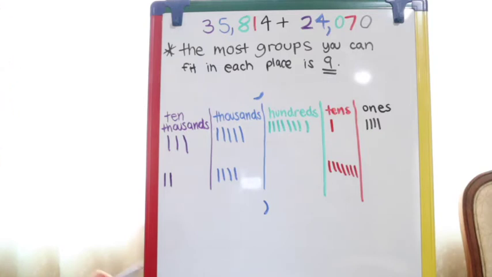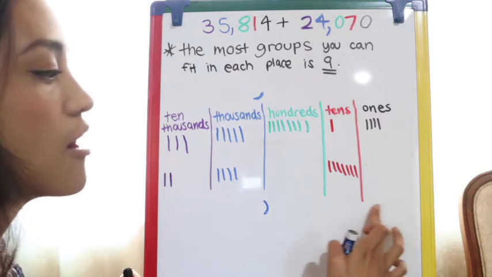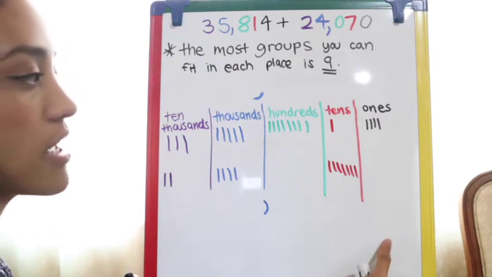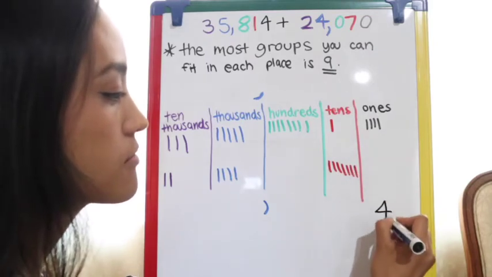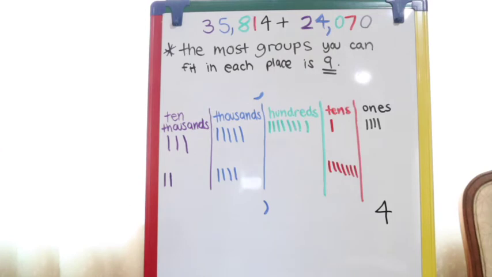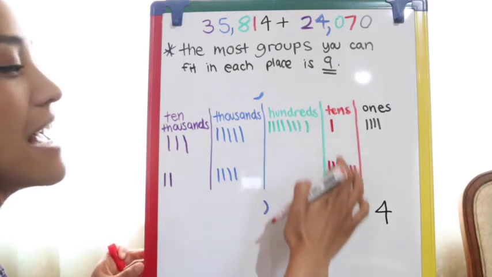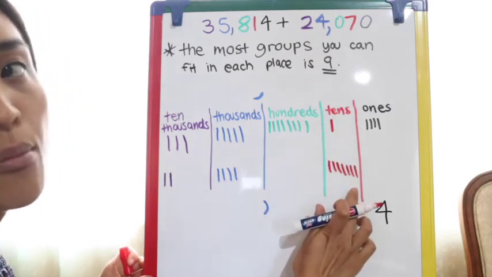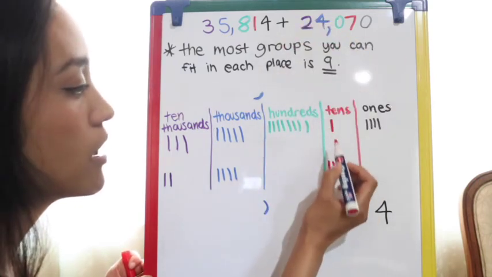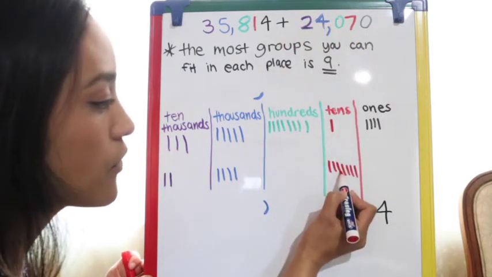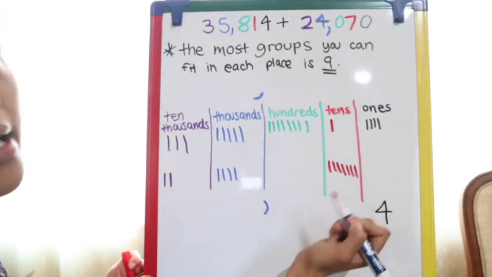So, how many ones do we have all together? 1, 2, 3, 4. Awesome. How many tens do we have? We're going to have to count up all these lines right here because they're representing our groups. 1, 2, 3, 4, 5, 6, 7, 8.